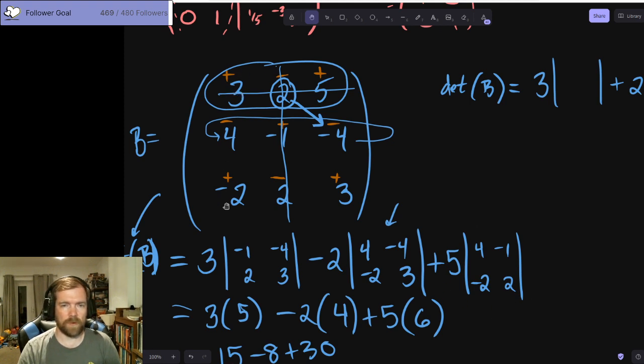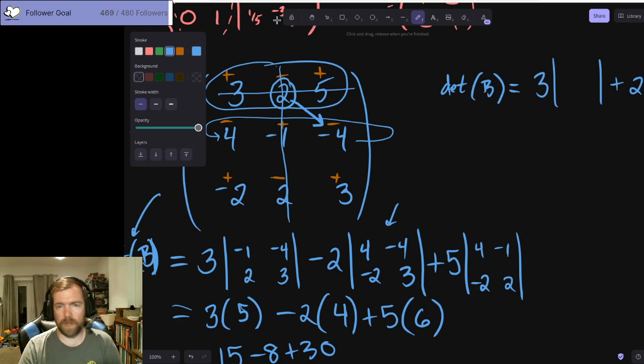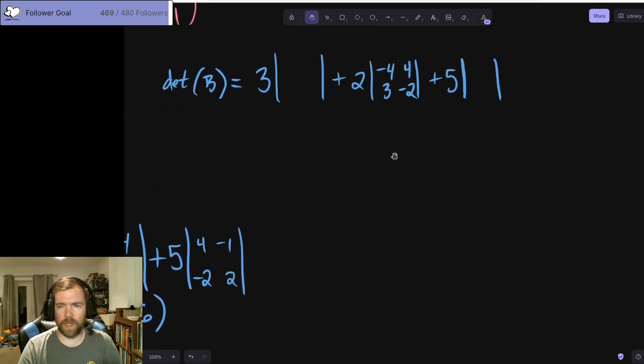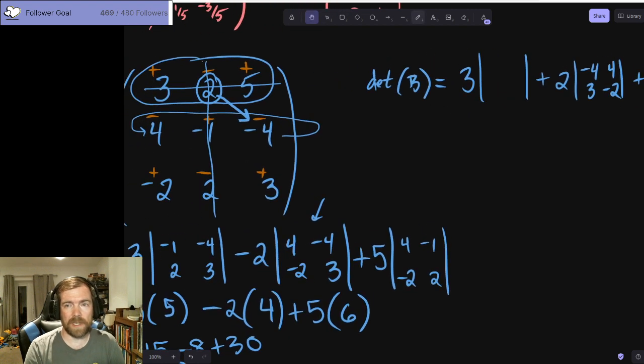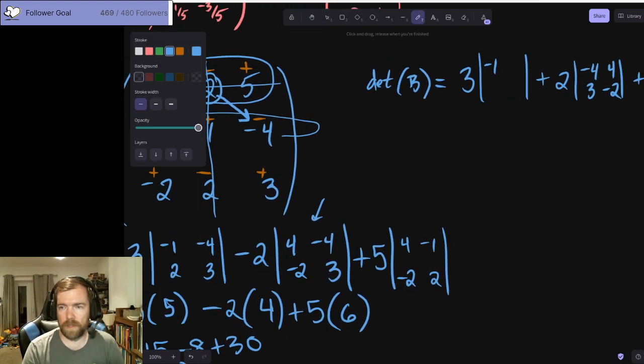And 3, when we cross its row and column out, we still get -1, -4, 2, 3. On a bigger one, if you're trying to do like a 5x5 matrix, I don't recommend it. Then you would look at it and say, oh, this does work. It will be different, but the eventual solution that we get is going to be identical to what we get with the original version.